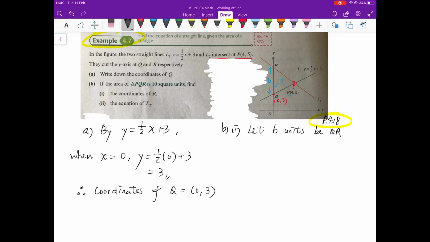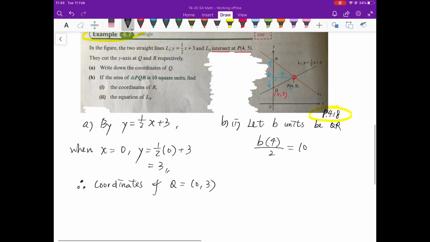Using the area of the triangle, b times the height 4 divided by 2 equals the area of the triangle, 10. Therefore, after simplifying the equation, 2b equals 10 and b equals 5.